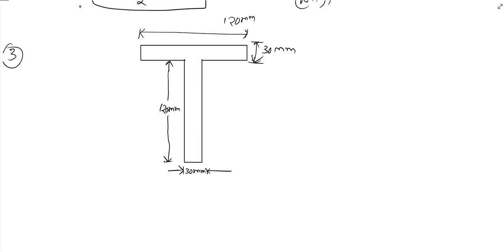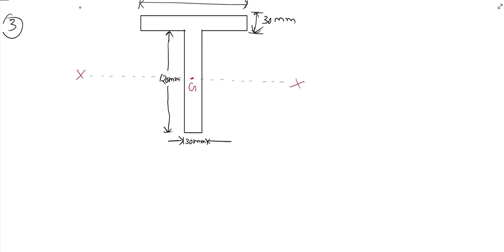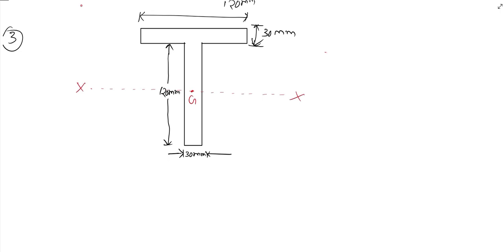In this particular section, according to the question, we have to calculate the moment of inertia about the axis x, let this be the axis x, and this axis is passing through the centroid. So about this axis we have to calculate the moment of inertia. First we have to locate the centroid.